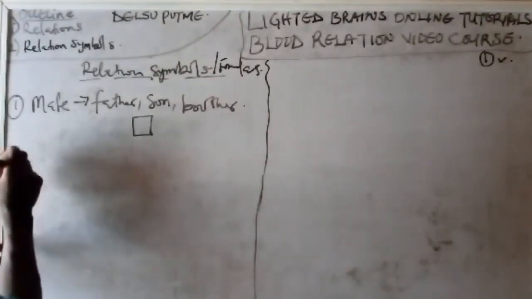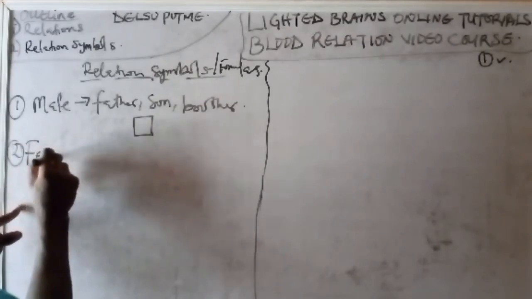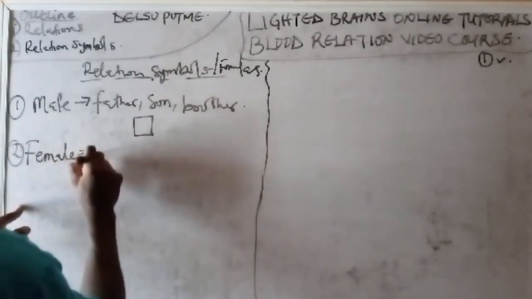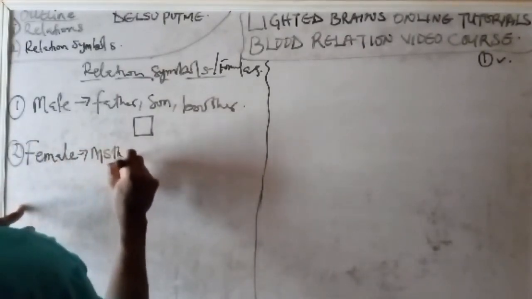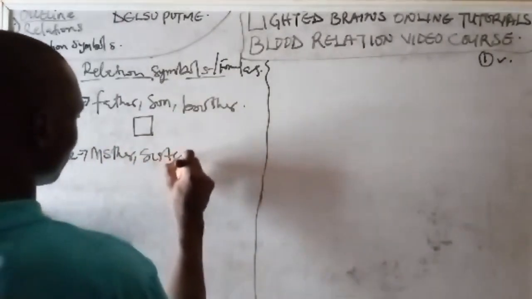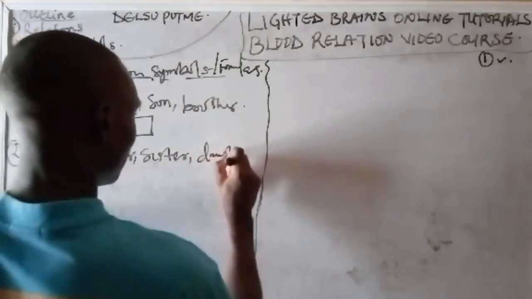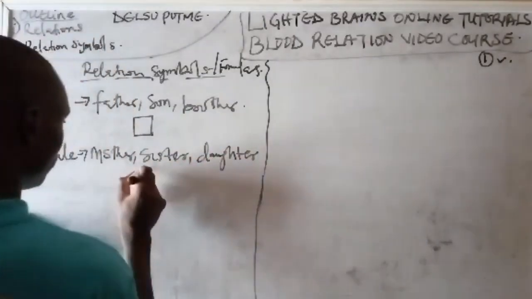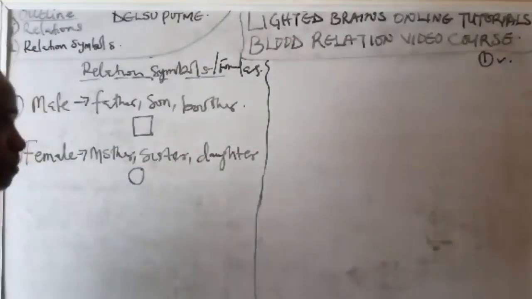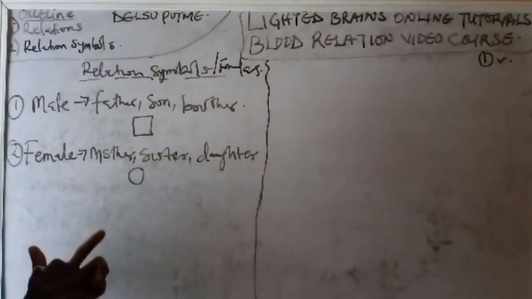Just calm down. Now number two, we have this female. We have mother, we have sister, we have daughter. This is the symbol to represent any female gender.